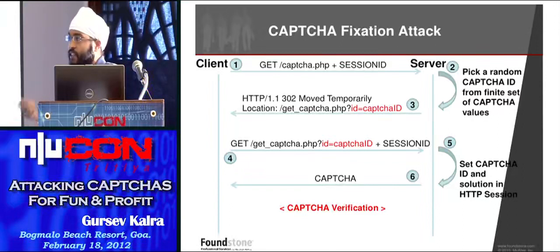Some websites have it sequential, and some have very long keys, like 128 or 130 characters. For the ones with long keys, you request a generic page that in turn assigns you an ID. If you can run through this thousands of times, you have thousands of IDs and CAPTCHAs with you. That is the approach I used during my research.